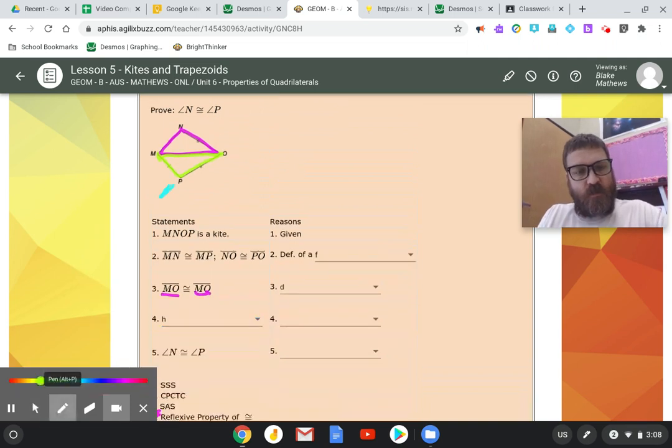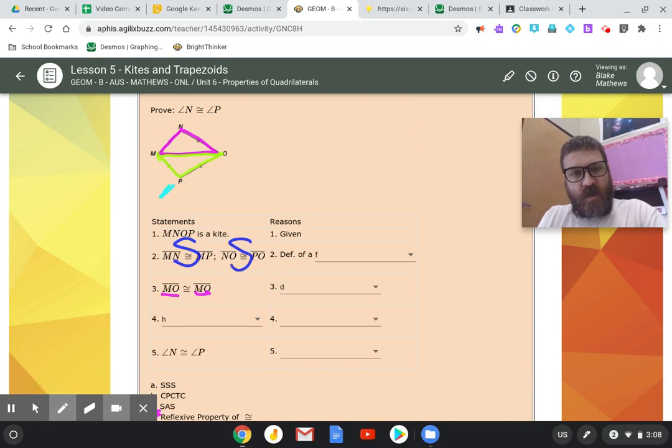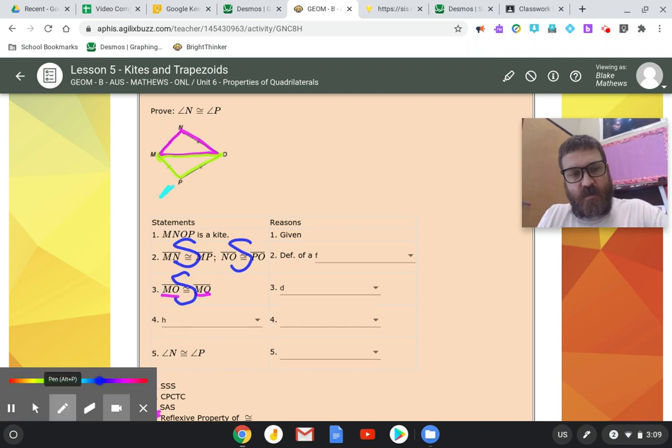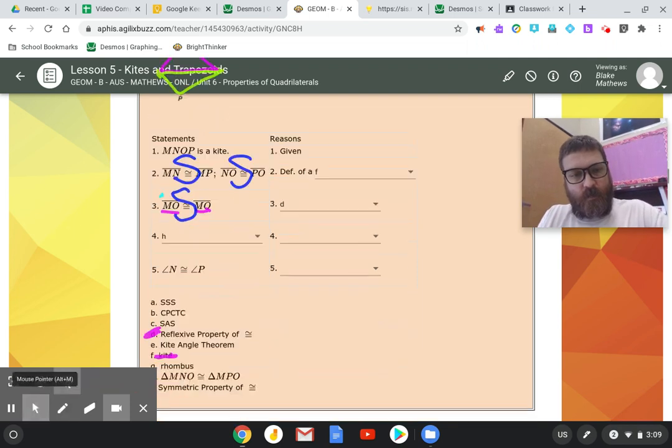And we could have also known that by looking up here and seeing that we've proven a pair of congruent sides, another pair of congruent sides, and a last pair of congruent sides, three of them. And when we do that, we know that we are looking at the side congruence relationship. So we're going to use this one right here.